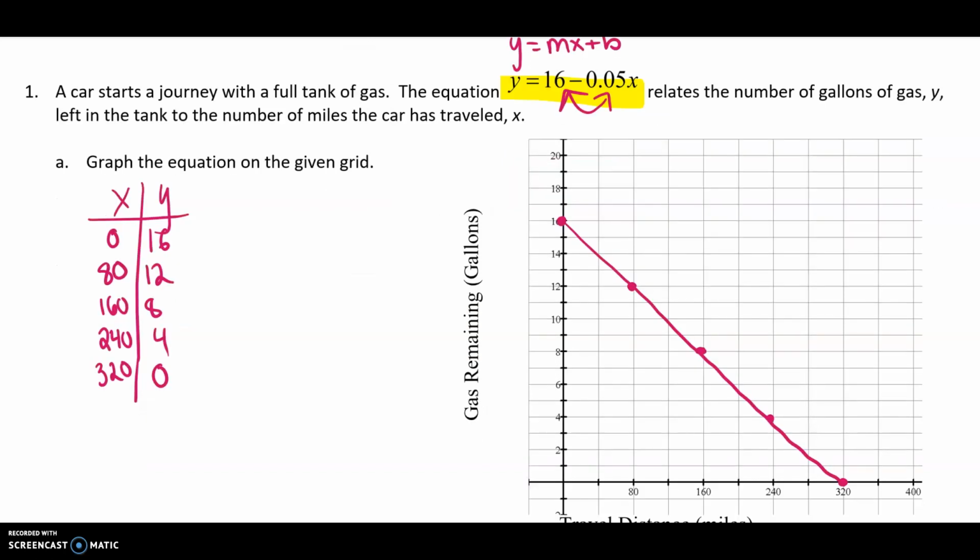In my work, you will see that in order to graph, I made a table here. I chose different X values based on what was labeled on the graph, just to make it easier. It told me the increments just by looking at the axes. I plugged those different values in for X and found the corresponding Y value by doing 16 minus 0.05 times each of these X values.